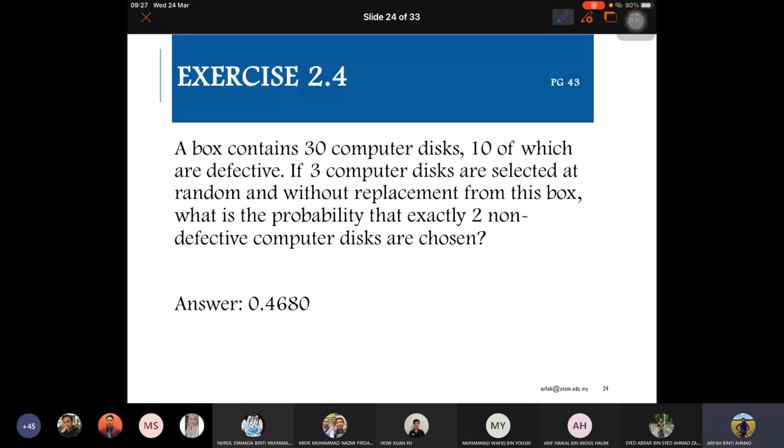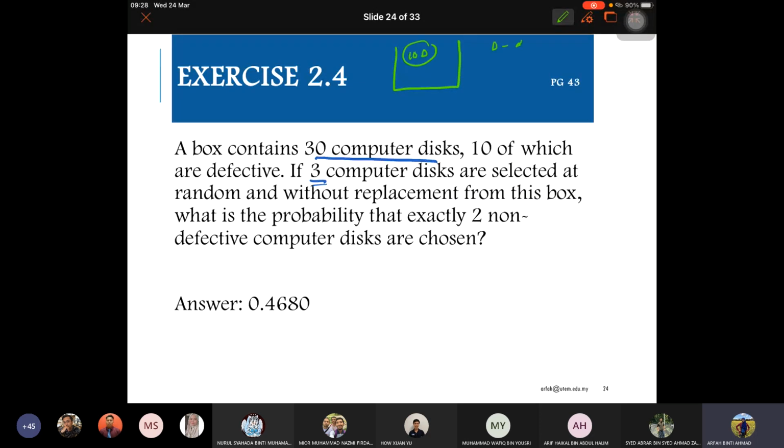Okay. So dia kata satu box contain 30 computer disk, 10 of which defective. If 3 computer disk are selected at random. So dalam satu box dia ada 30 computer disk, 10 defective.